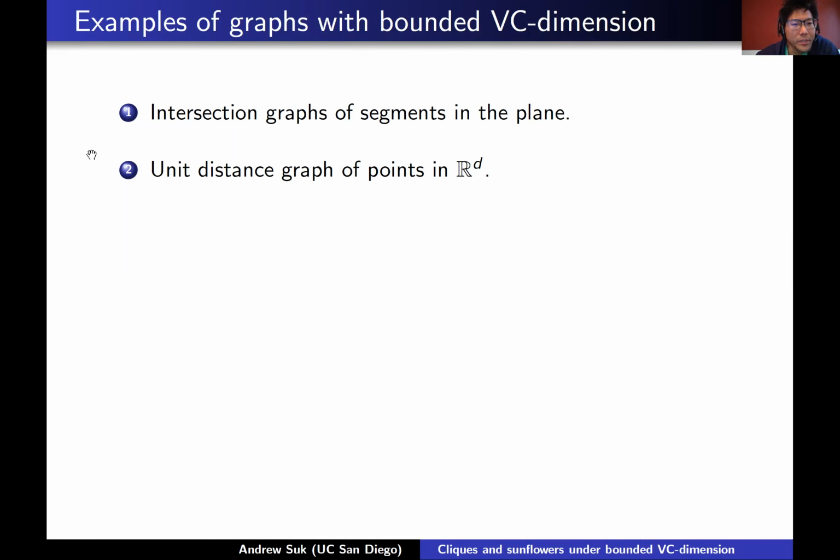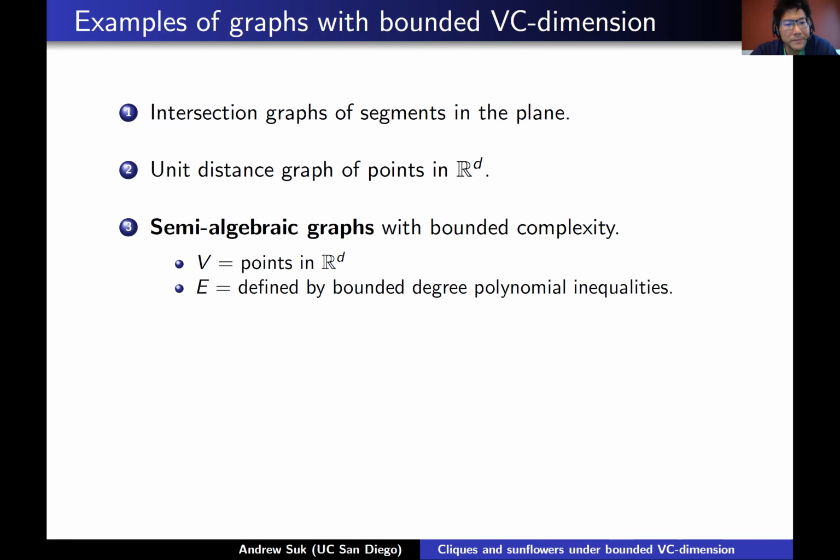These two examples are actually examples of what are known as semi-algebraic graphs. A semi-algebraic graph is a graph where your vertices are points in R^d, and your entire edge set can be defined with just a constant number of polynomial equations and inequalities. It's known that semi-algebraic graphs with bounded complexity have bounded VC dimension.